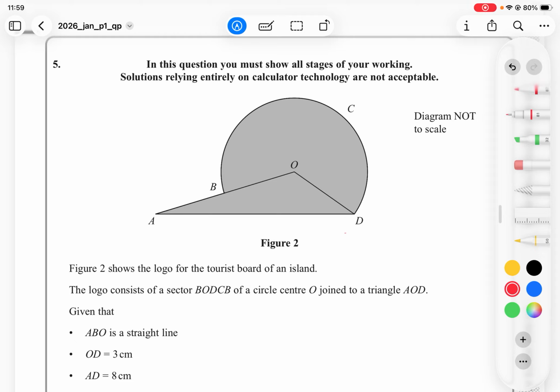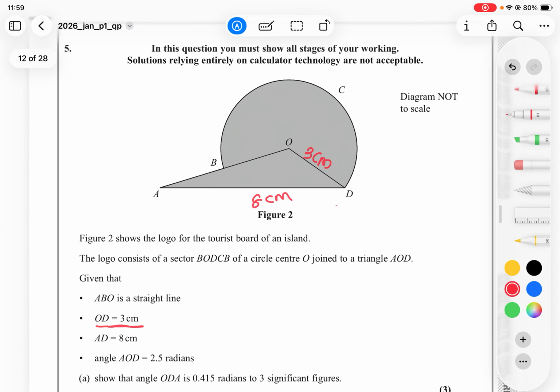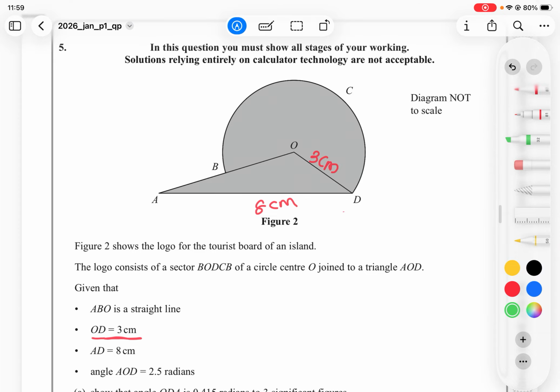Now let's start with question number 5. Here, let's go through the information they have provided us. This is the logo, and OD is going to be 3 cm and AD is going to be 8 cm, and the angle AOD is going to be 2.5 radians.